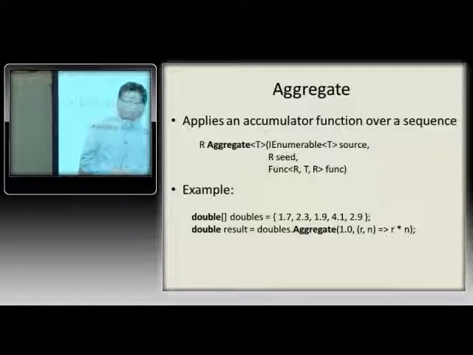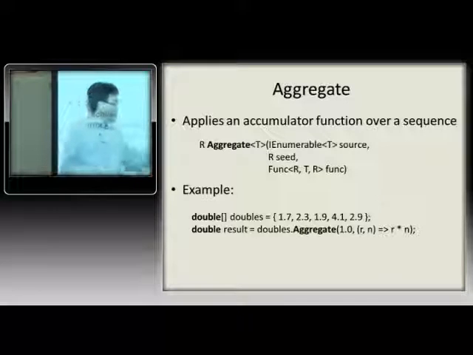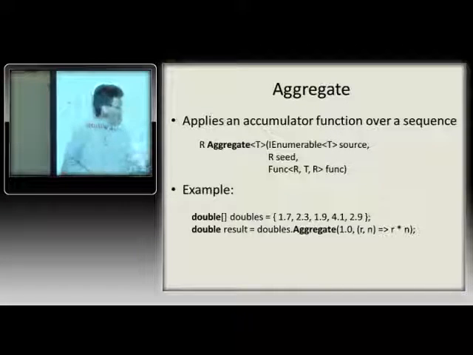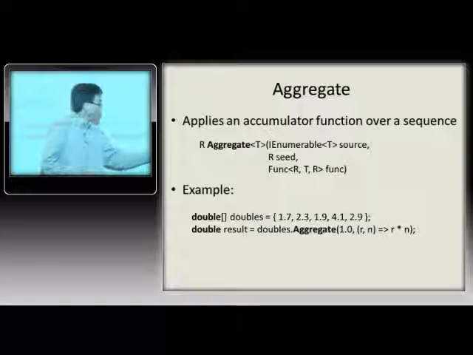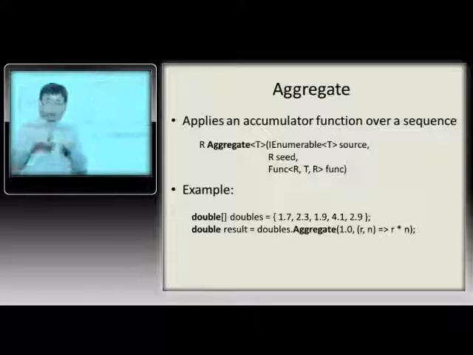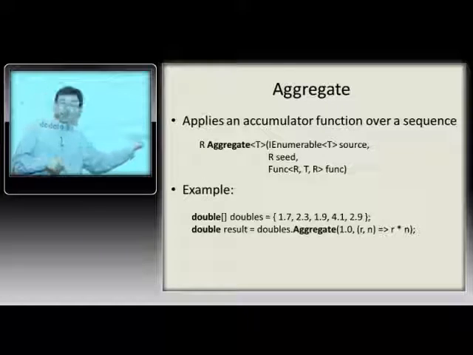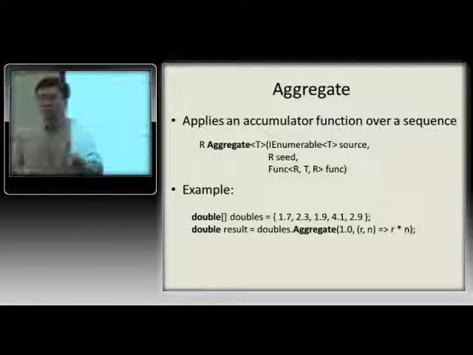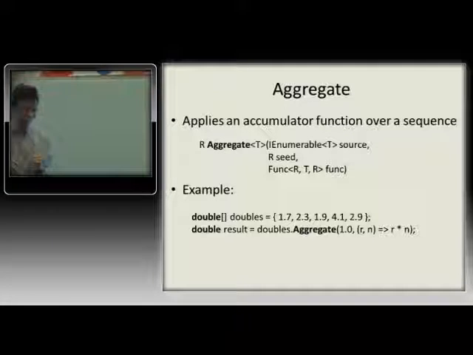I supply the seed, the initial value, which is 1, and then this is my partial result, and this is the next number. The partial result times the next number. That means I keep multiplying all the numbers one by one. So that gives us the product of the doubles.